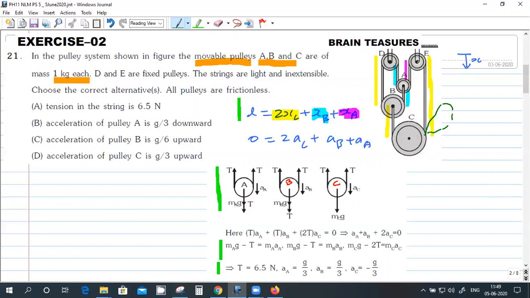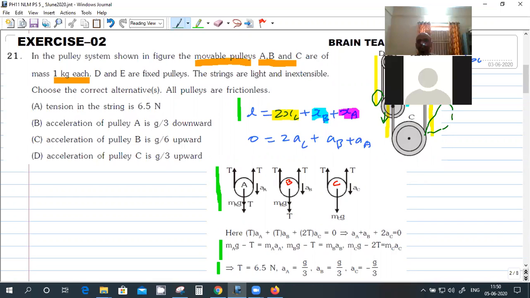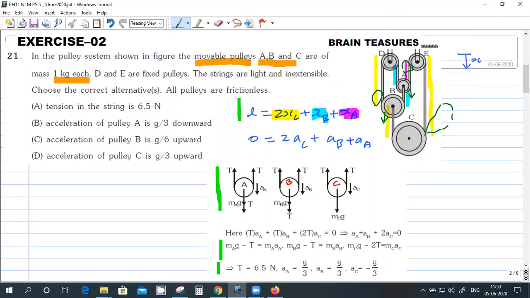Okay, this slackness I'll transport here and then move this pulley down, not fully. So some more slackness will remain. That slackness I'll transport here and then move the pulley B down. Got it? Is that right? Yes, sir.